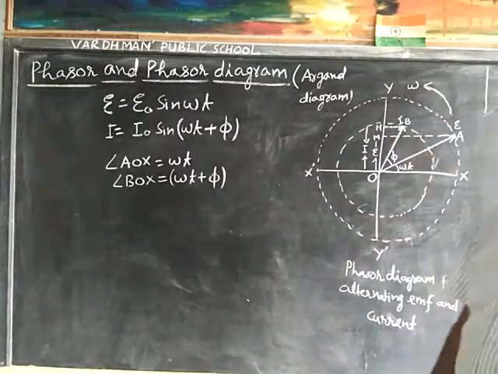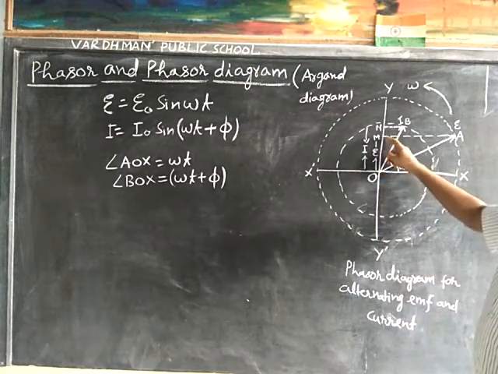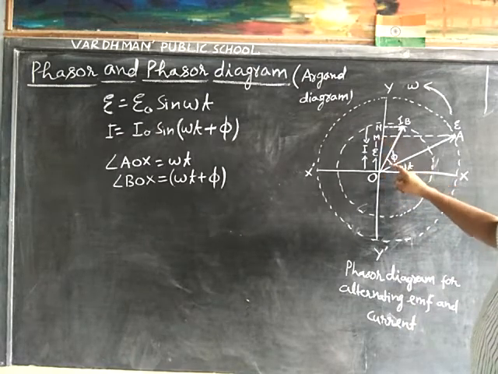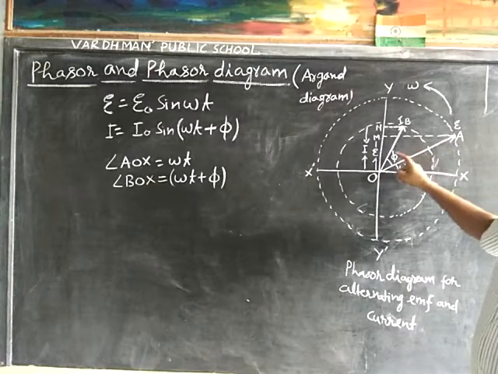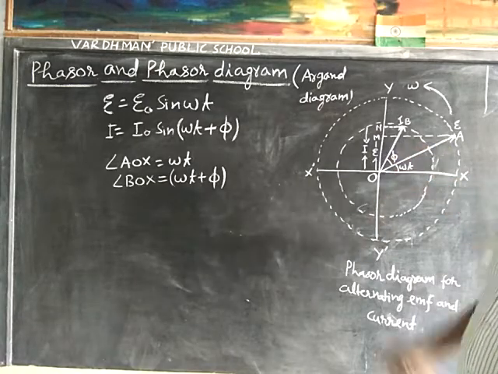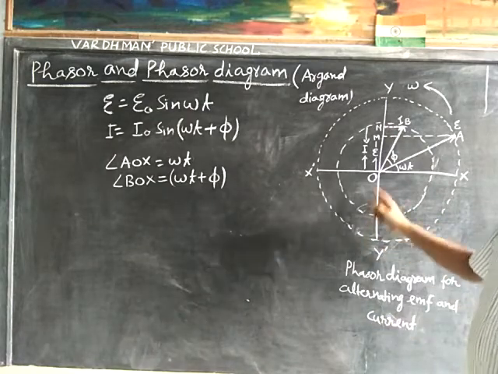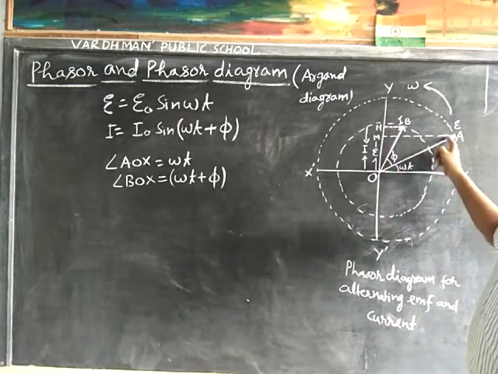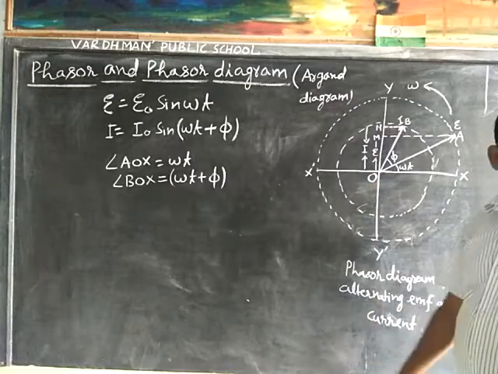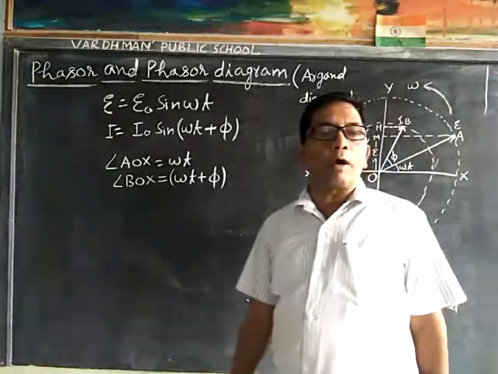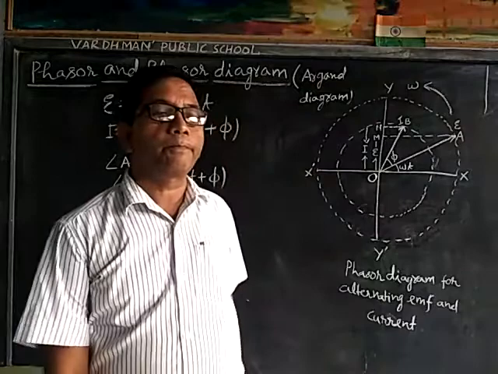The projection OM of OA on vertical axis represents instantaneous value of alternating EMF.